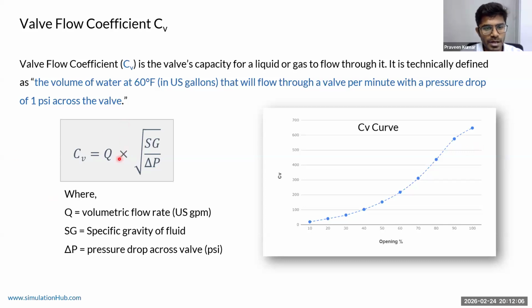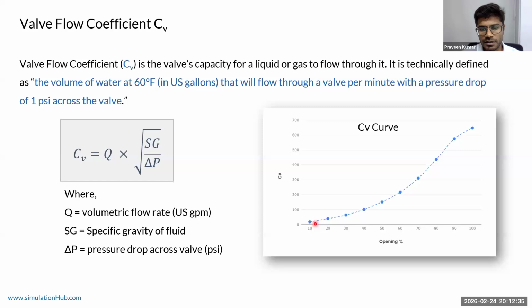So this is the formula to calculate. SG indicates the specific gravity of the fluid. Water is usually used, at a temperature of 60 Fahrenheit. If you want to calculate the flow capacity using water at a different temperature, or for a different medium, then you modify this SG and calculate the flow rate or flow capacity.